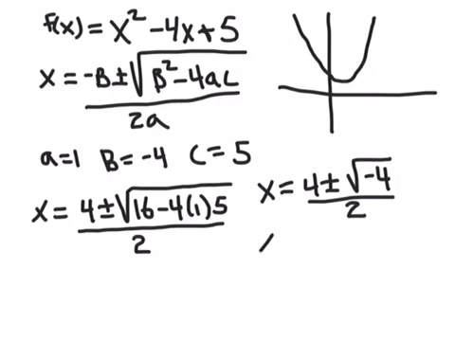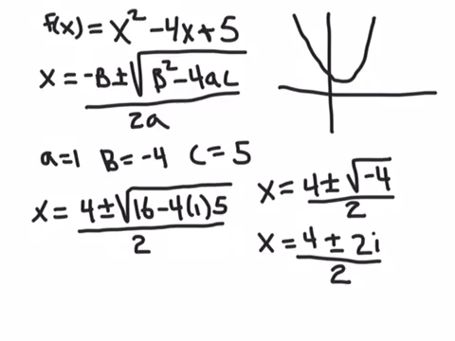We've got x equals 4 plus or minus the square root of -4, which is going to be, well, the square root of 4 is 2. And of course, the square root of -1 is i, all over 2. Now don't forget that we can divide the 2 into the 4 and this 2 over there.